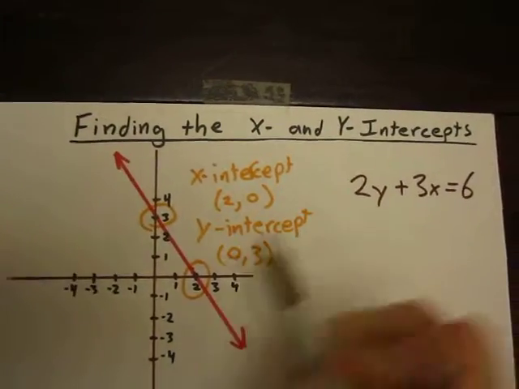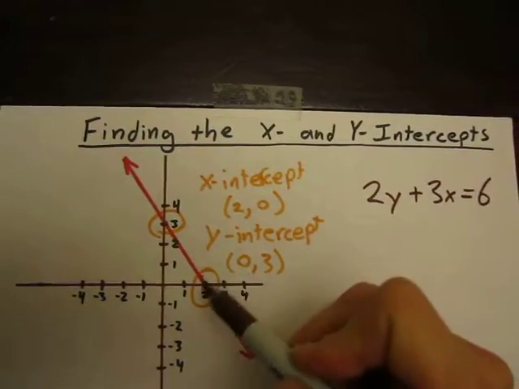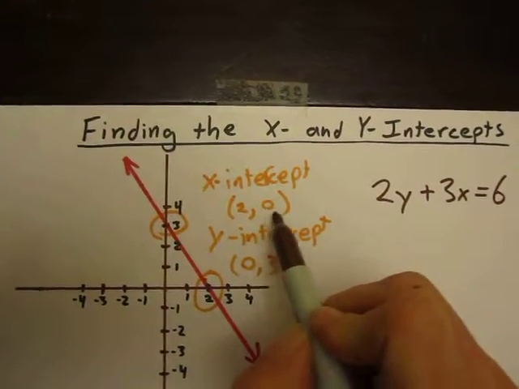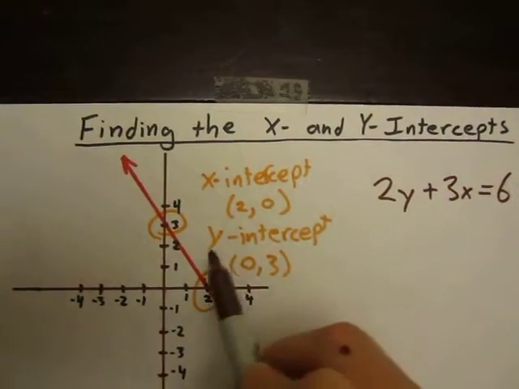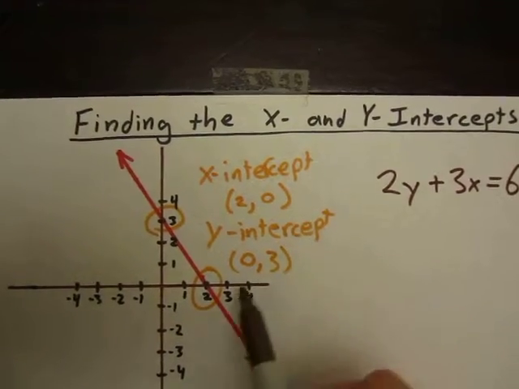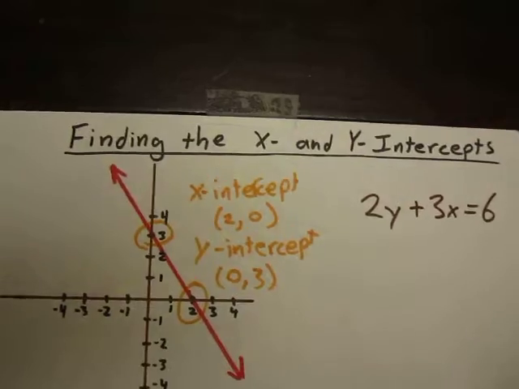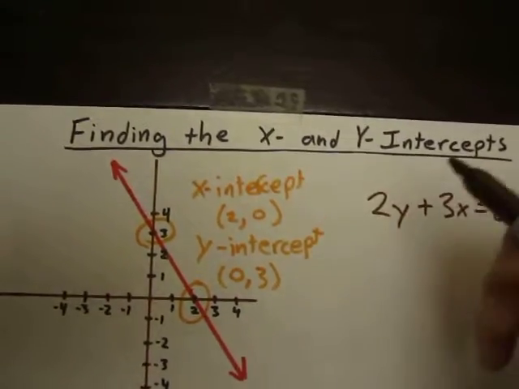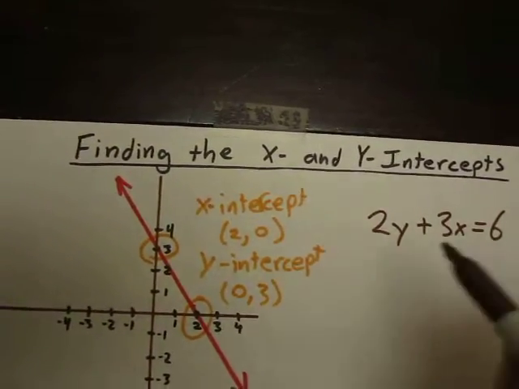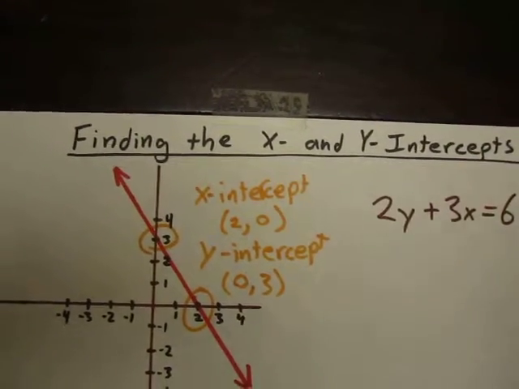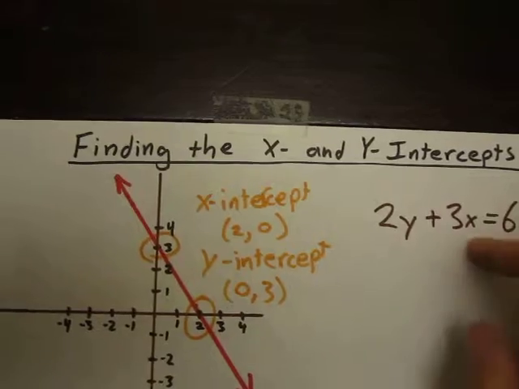Now, remember what we said over here, that whenever we're talking about the x-intercept, y is always going to equal 0. Whenever we're talking about the y-intercept, x will always be 0. It's easy to forget and get them mixed up. It's always the opposite of what you might think, because if we're trying to find the y-intercept, we're going to set not y to equal 0, but x.